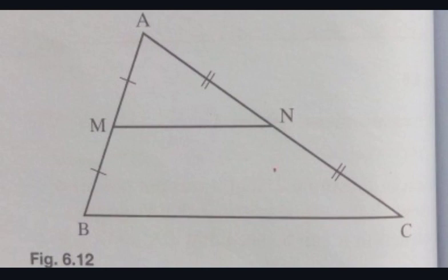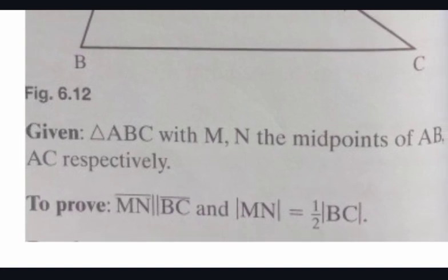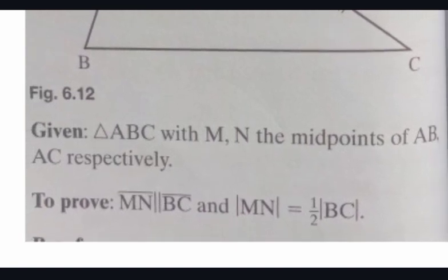Now, if the line MN is drawn from the midpoint of AB to the midpoint of AC, the theorem states that line MN will be parallel to line BC, and also that the length of MN will be half the length of BC. So line MN is parallel to line BC, and line MN is half of line BC.